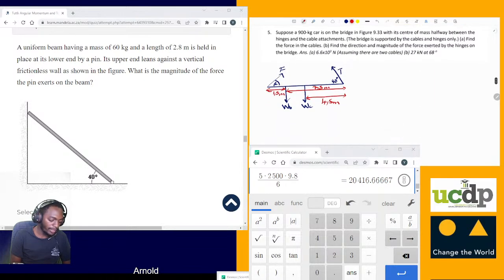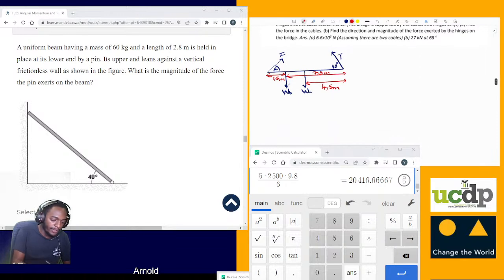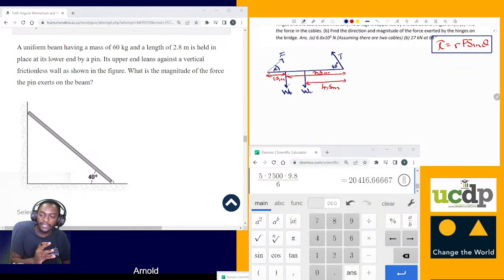We should remember that torque is equal to R F sine of theta. And this system, we're told that it is in equilibrium, which suggests that the sum of the torques should add up to 0. The same applies: the sum of forces in a certain direction should also add up to 0.